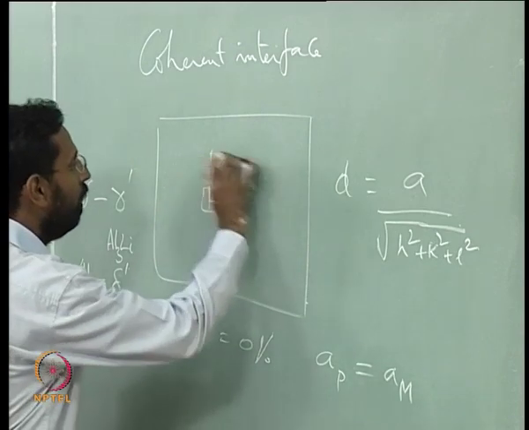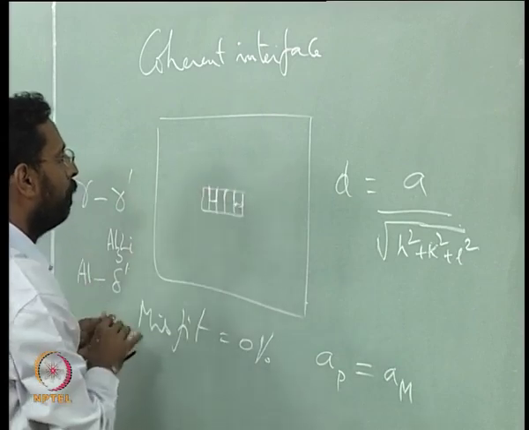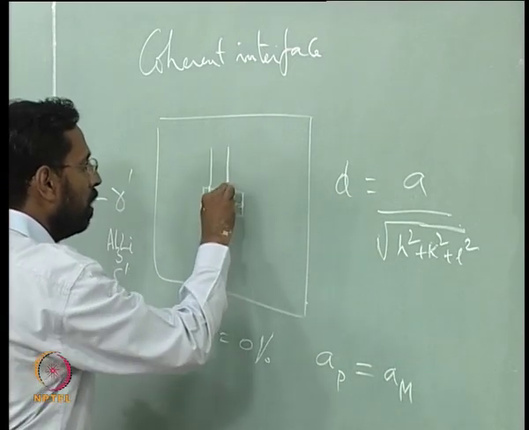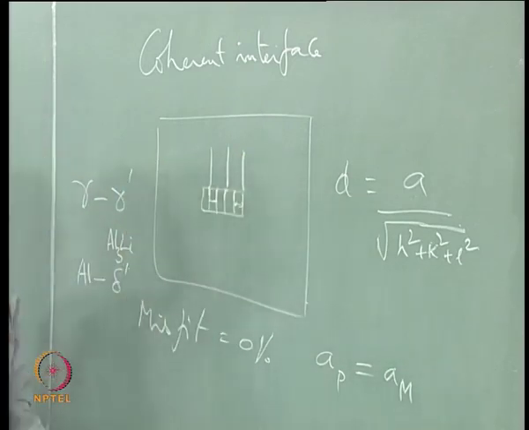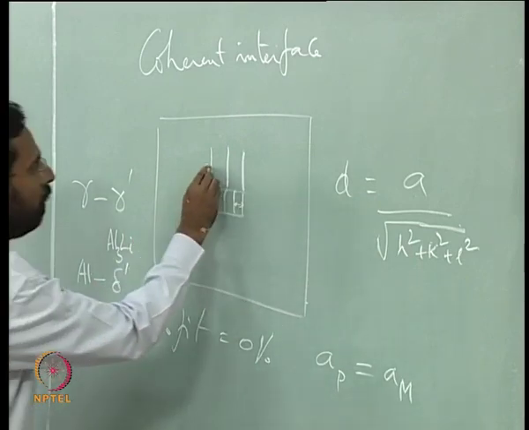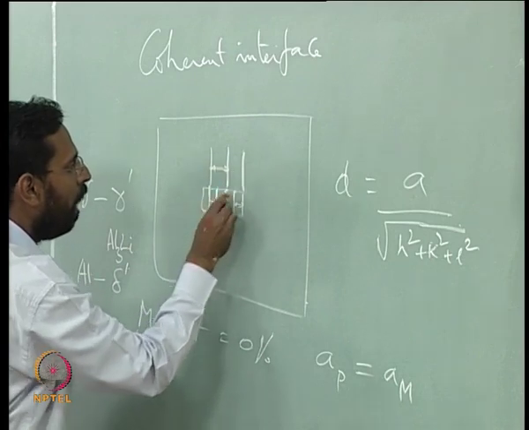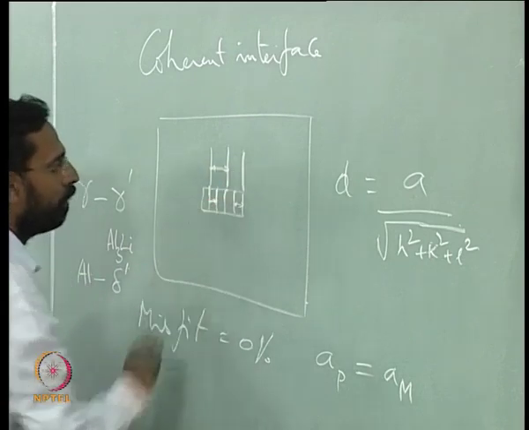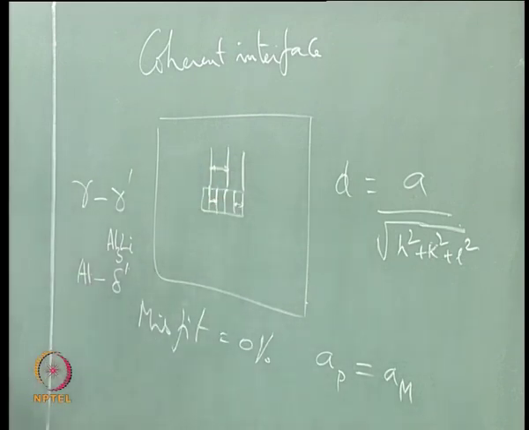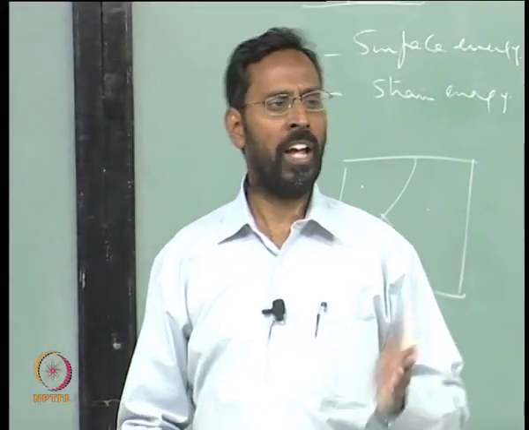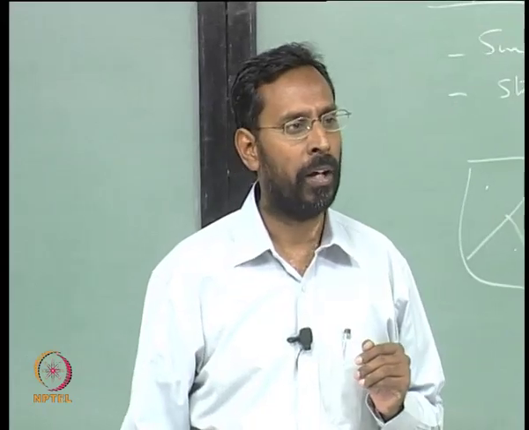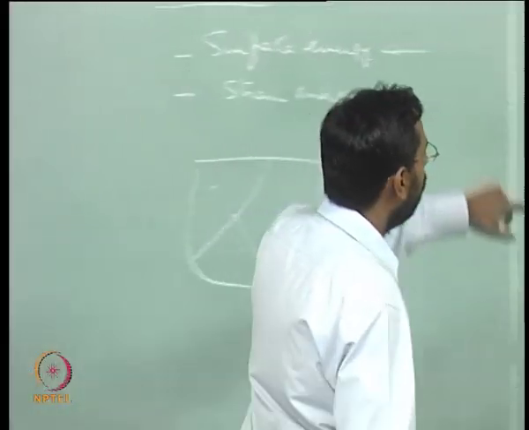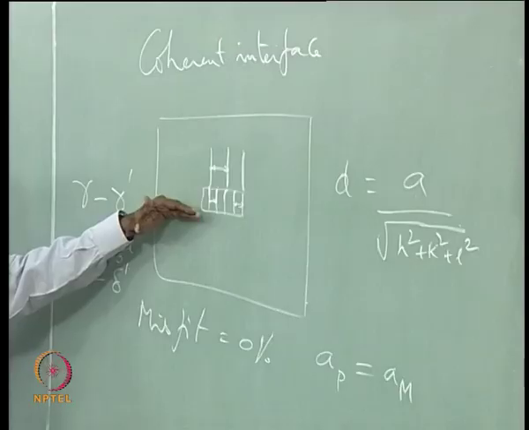Then you would see, for example, let us say this is the situation, that the d spacing here is much larger than the d spacing there. Then what happens is, in a unit distance, the number of atomic planes, any particular plane that we are talking about, is different for the matrix and the precipitate.